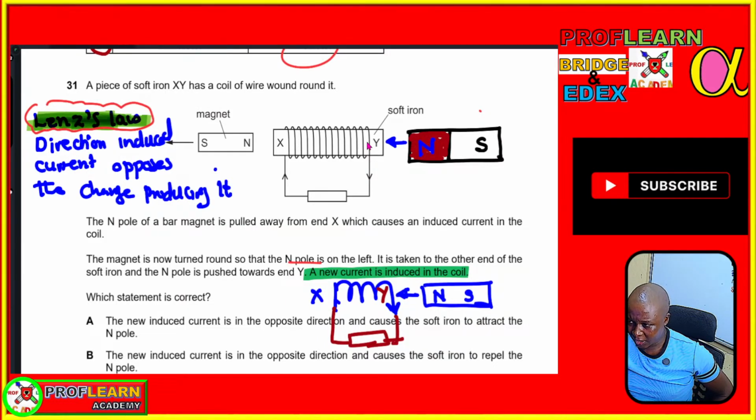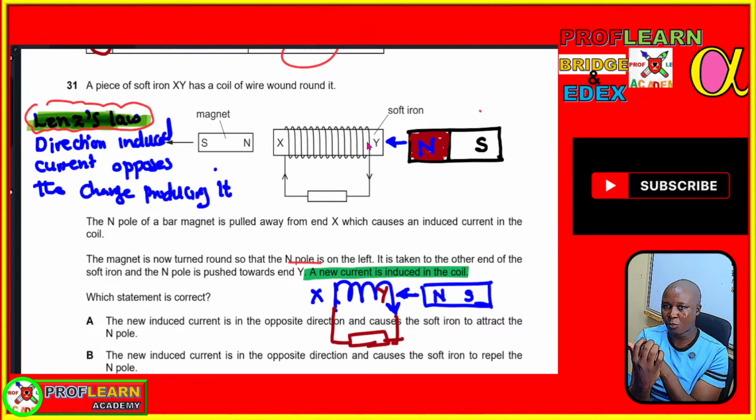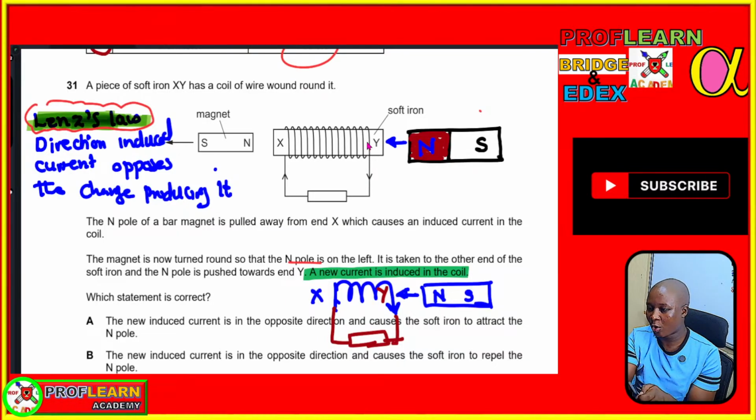So you are going to use the right hand grip rule, so that if you assume you are holding the coil, these fingers will be curling around that coil like that, and the thumb is going to point towards the north pole. So the thumb is usually the north pole when you use the right hand grip rule. Then the thumb is going to oppose the north pole here. So these fingers will be telling you the direction of the current, and this thumb is telling you the direction of the field.